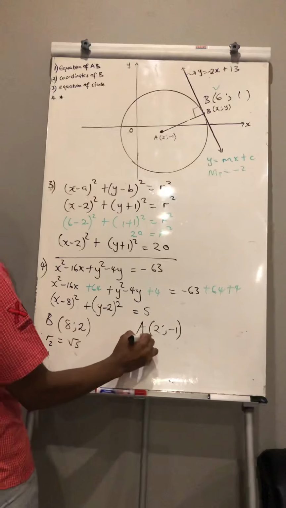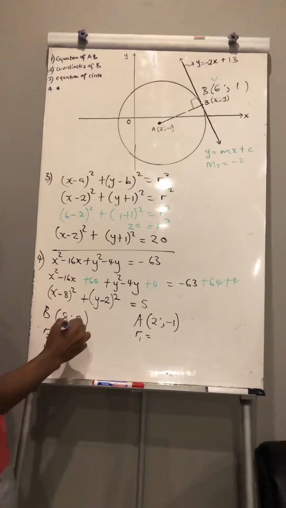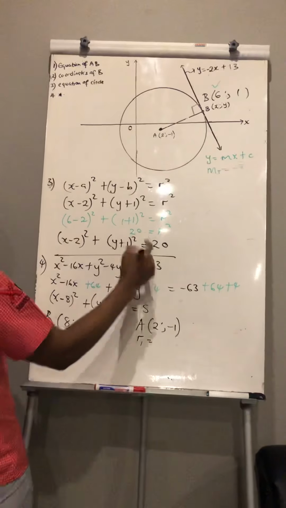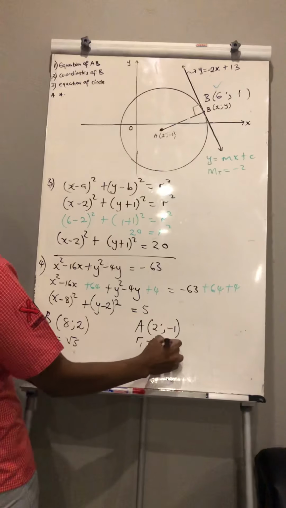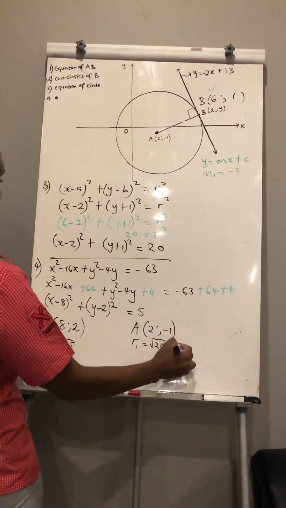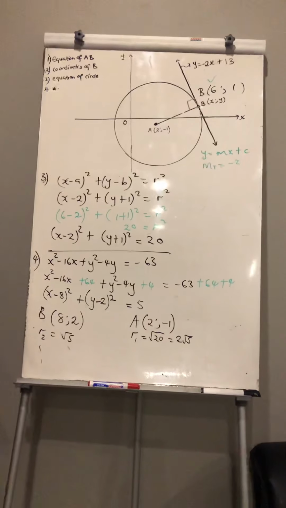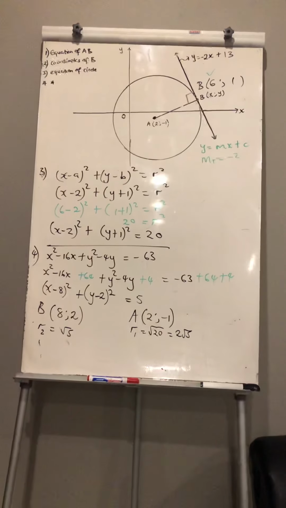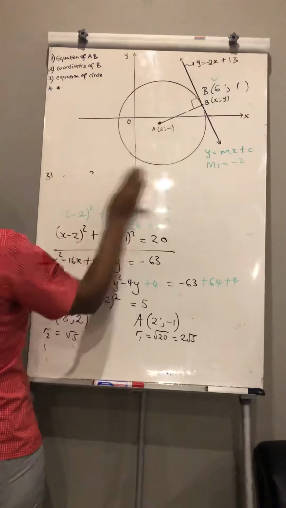And the radius of this circle, which I'm going to call R1, we proved it at one point to be equal to root of 20. Root of 20 can easily be seen as 4 times 5 here, that will be 2 root 5.